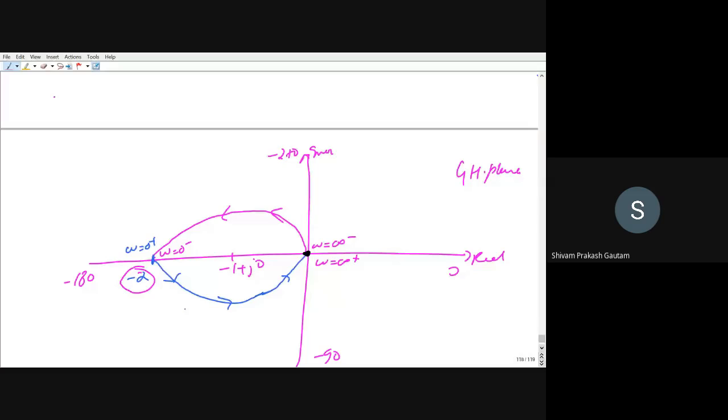Now we will take N is equal to E. Tell me how many encirclements of the point minus 1 plus j0 you see, and what is the direction of this encirclement? Can anyone tell me?